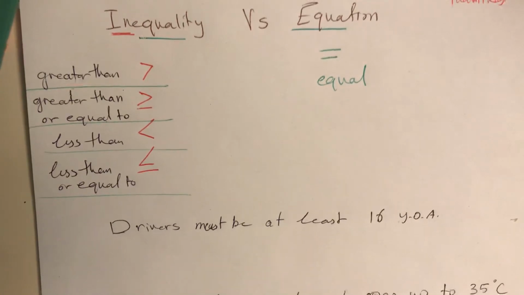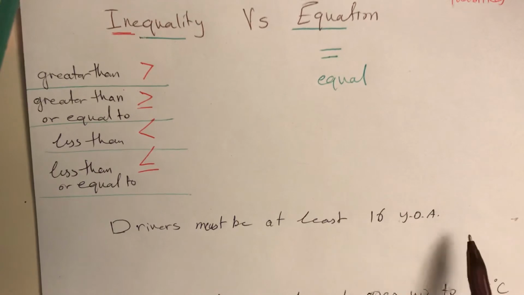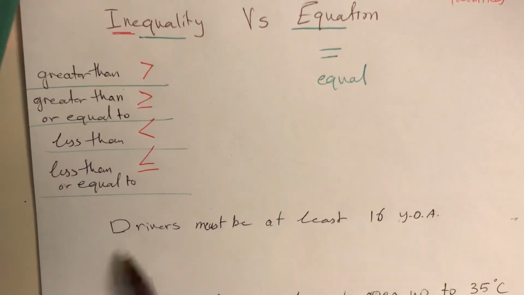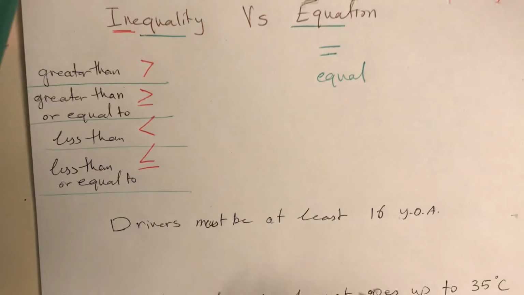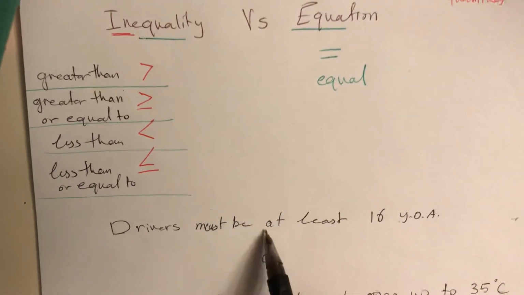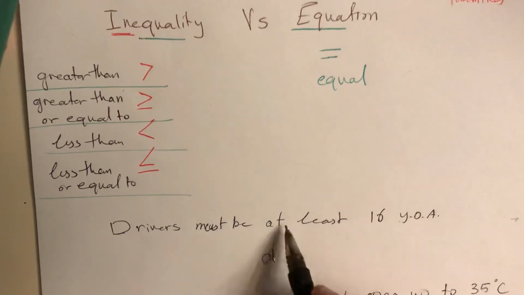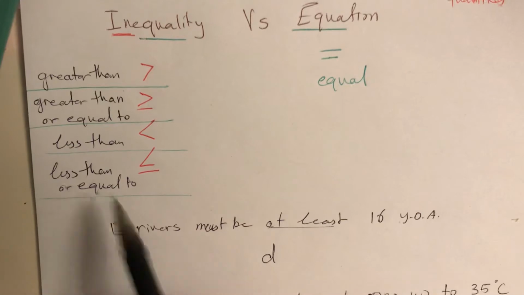Let's look at a couple of examples here. Drivers must be at least 16 years of age. When you have a question like this and you represent it using inequalities, let's write D for driver. So if we have drivers D and we say at least 16 years of age. When you see the words at least, that's very similar to the less than.